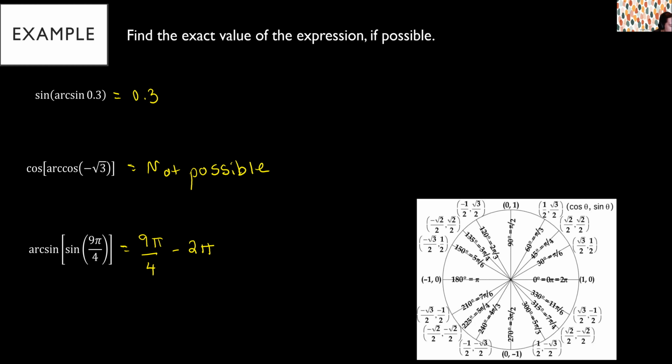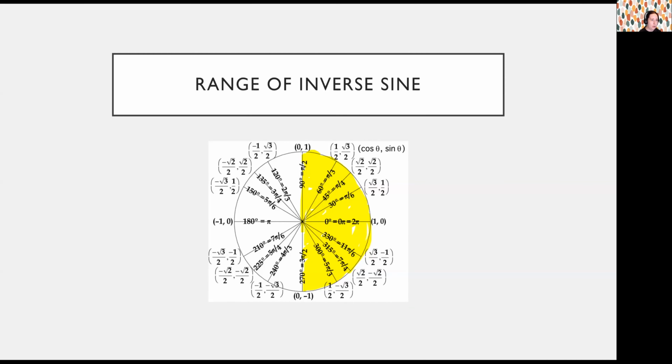So 9 minus 8 is 1. So our output here is actually going to be pi over 4, because since our final answer is coming from arc sine, we need to make sure that it matches with the range of the arc sine, which has to be on that right side of the unit circle. So we can't say 9 pi over 4. You have to convert it, which is equivalent to pi over 4.